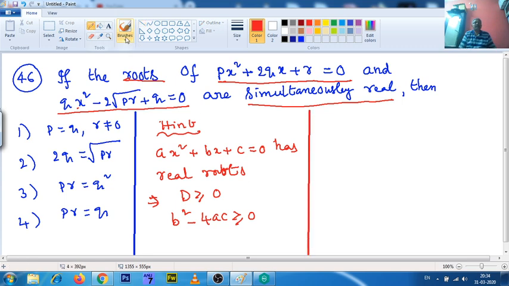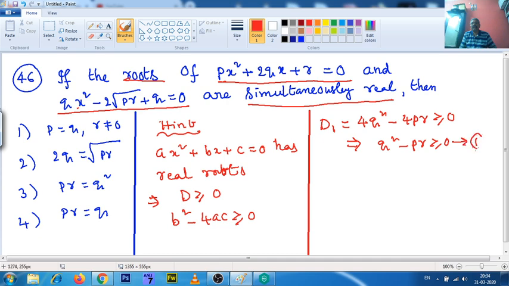So, let us apply this concept now for both the equations. First equation: D1 is b square minus 4ac, b square means 4q square, are you following, minus 4pr, must be greater than or equal to 0. So we get q square minus pr greater than or equal to 0, say equation 1. Now let us come to the second equation, D2, the discriminant of the second equation. The same b square minus 4ac formula we need to apply.